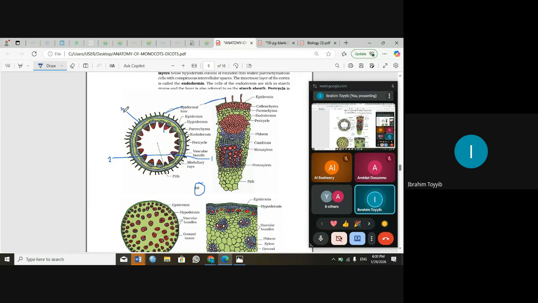The part labeled 3 is what? I'm testing you like that. Answer. Epidermis. That's good.